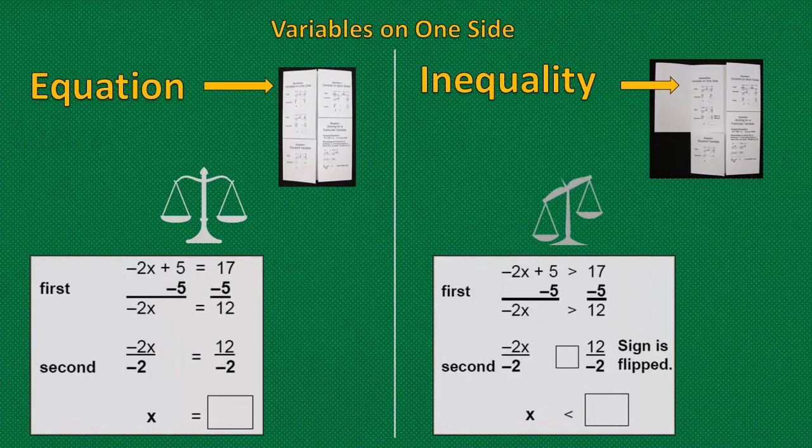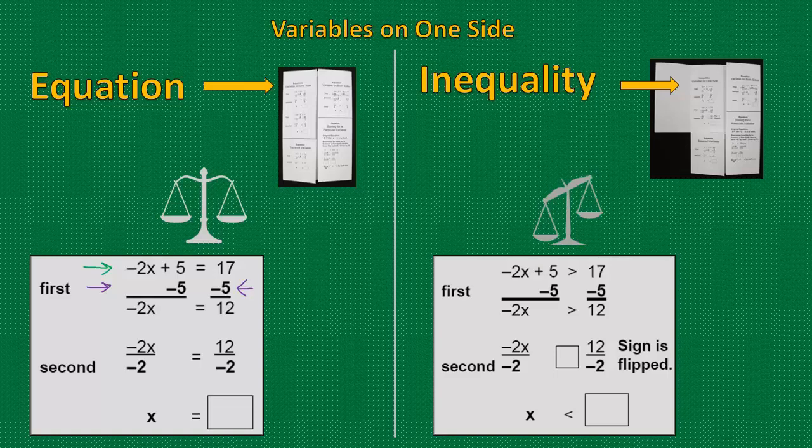We have another set of problems where we have variables on one side. The equation on the left this time is negative 2x plus 5 is equal to 17. Our first step will be the same, and that is to subtract 5 from both sides. That leaves us with negative 2x is equal to 12.